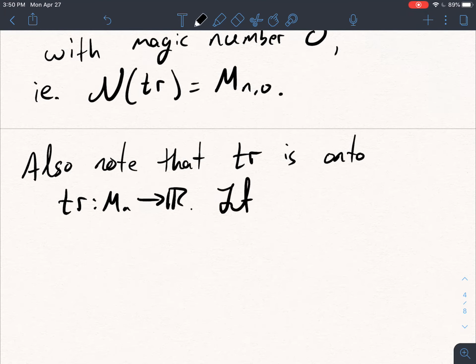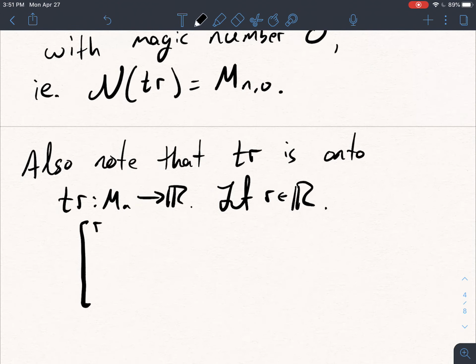Also, note that the trace map is onto. Why is this? The trace map is from M_n to R. To show that it's onto, we need to show that for any r in our codomain R, there is some magic square whose trace is equal to r. We're working with n by n matrices. We've already talked about how you could make a matrix where all of the entries are the same, and that would be a magic square.